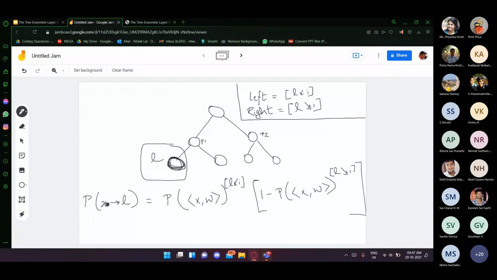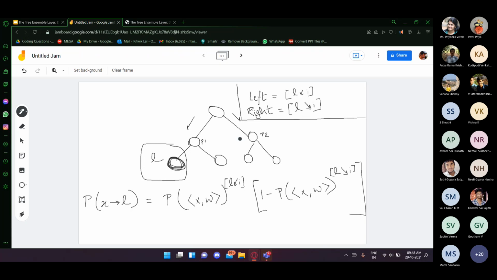So the probability of X reaching L, or a condition reaching L, would be, because we're talking about neural networks, the most fundamental unit of a neural network is its weight. So for every neuron or node over here, we will have an associated weight. Let's assume that the probability of going left is this left arrow, and the probability of going right is the arrow the other way.